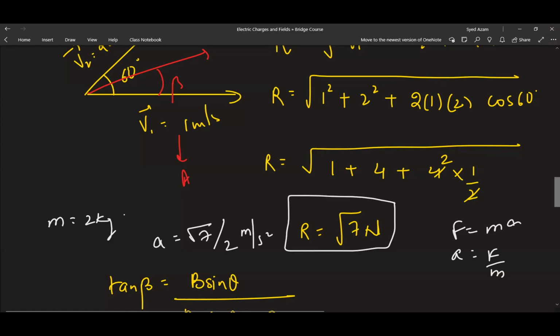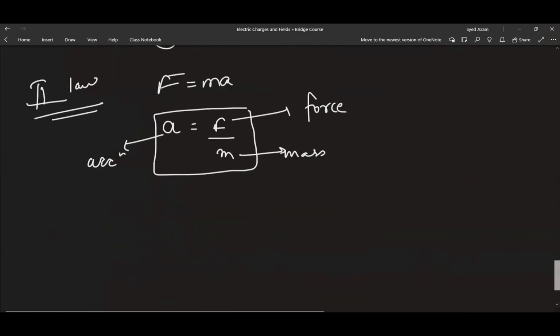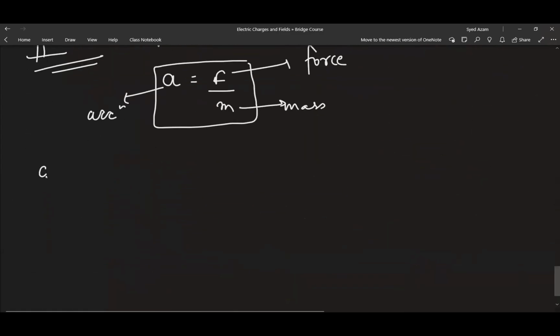Now coming to the Cartesian form. I think this is sufficient from this side. Let's come to the Cartesian vectors. What is the unit vector along the x-axis? I'm not sure.